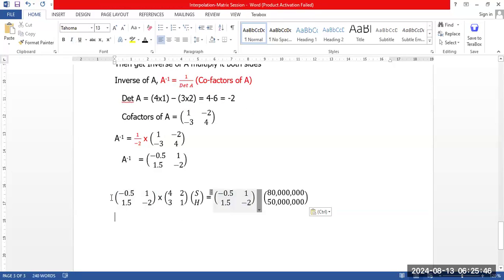So we have multiplied our inverse of A on both sides. So now we have to apply our rule.